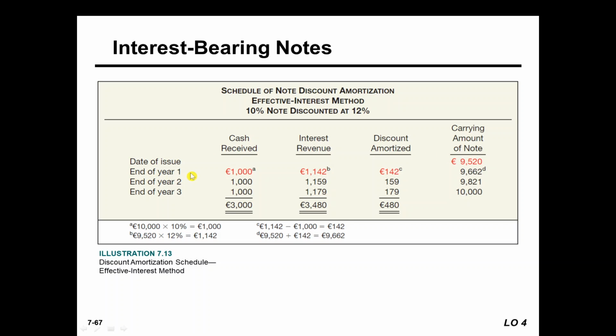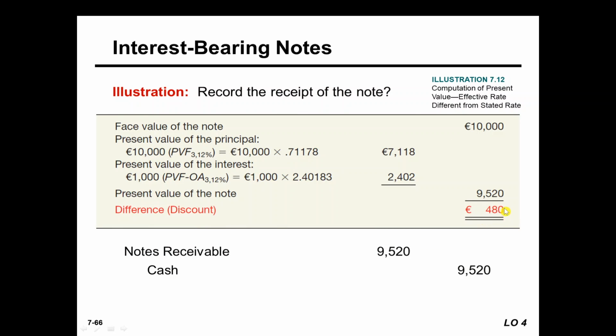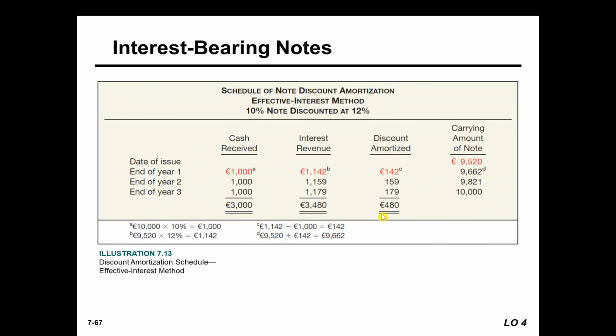At the end of year 1, we receive cash as our interest of 1,000, and actually the interest revenue is 1,142. It is based on the market rate of 12%. So the difference is the amount that we amortize. The total by the end of the third year will be 480.